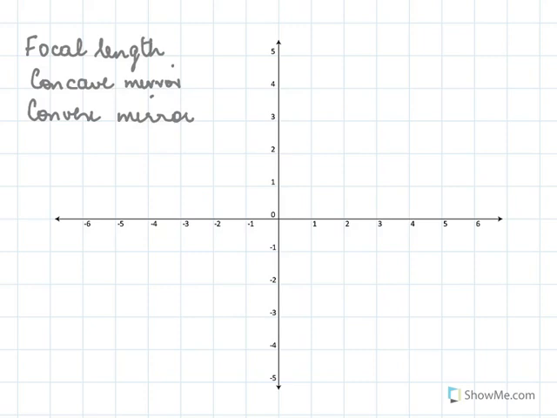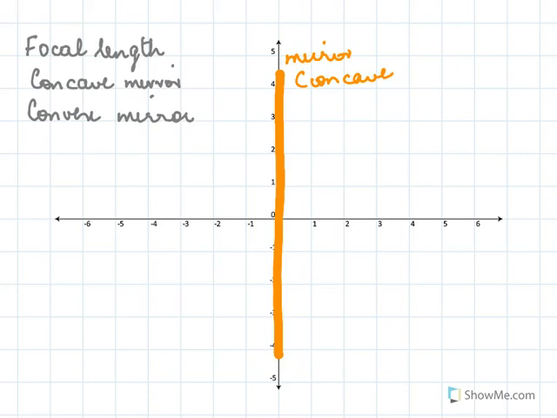So let's try to figure out the sign of the focal length of the concave and convex mirror using this graph. I always told you, we consider the axis to be here, the mirror to be here, and if you are taking the concave mirror, here this would be the concave mirror, so this would be your reflecting surface. For the concave mirror, you know your focus is always formed in front of the mirror, this side, and this would be your focal length.